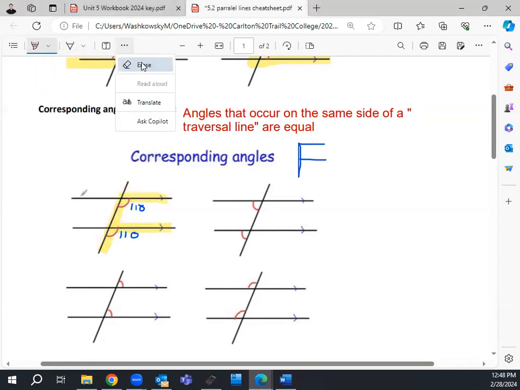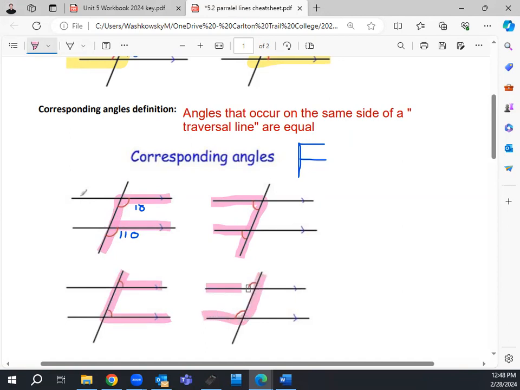I'm going to change the color on that one. And just like before, we can have this F go forwards, backwards. We can have it go upside down. We can have it go upside down and backwards. All of those options will work. So again, if this angle is 70, this one is 70.